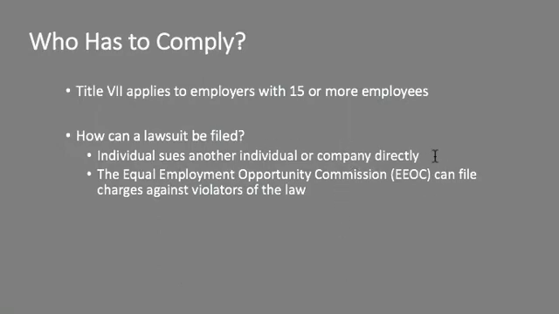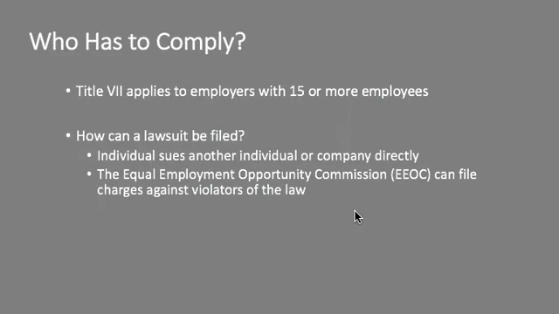So, kind of the traditional route is an individual who believes they've been discriminated against under Title VII files a lawsuit against a specific individual or a company. So that's kind of the traditional route. Another option, though, is we have this EEOC, the Equal Employment Opportunity Commission here in the US, and one of their roles is to potentially file cases on behalf of a plaintiff.